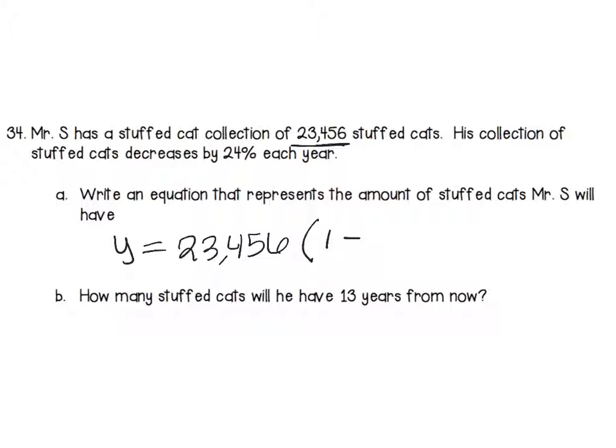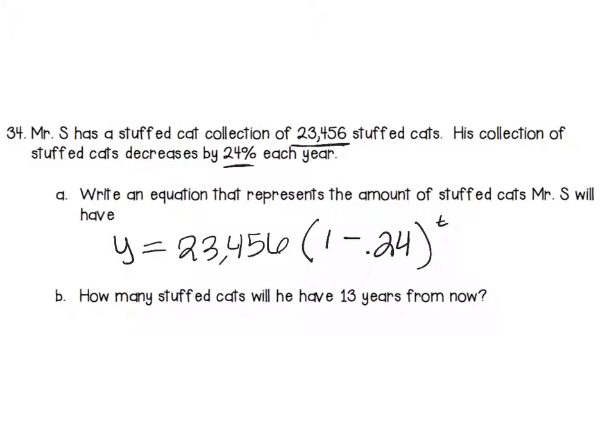On the decay, you take 1, which is the whole, which is 100%, written as a decimal, 1 minus 24%, written as a decimal, which is 0.24, up to the t power.